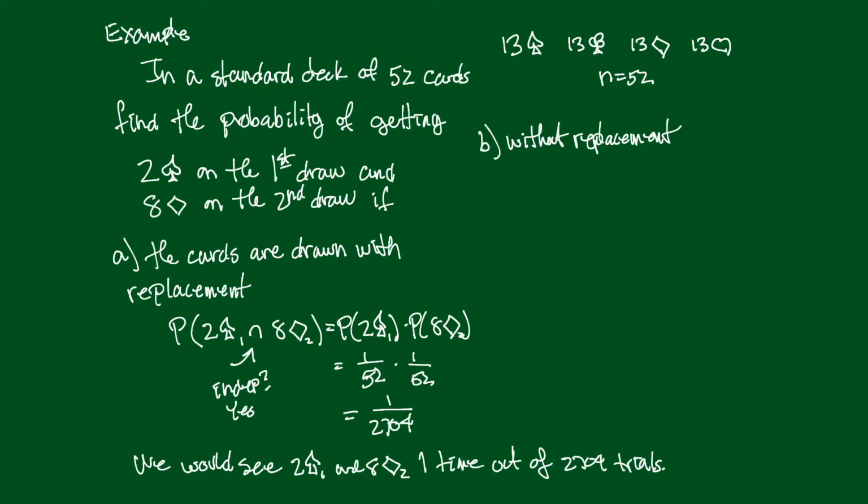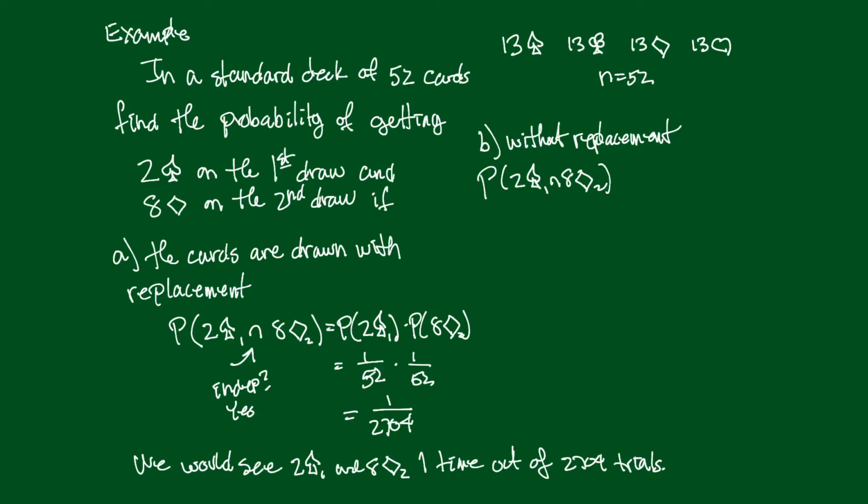And part B, let's do this. What's the probability of getting this event here? Okay, without replacement, I still want this same thing, right? So I'm looking for this. What is the probability of a 2 of spades on the first draw and an 8 of diamonds on the second draw if the drawing is without replacement?